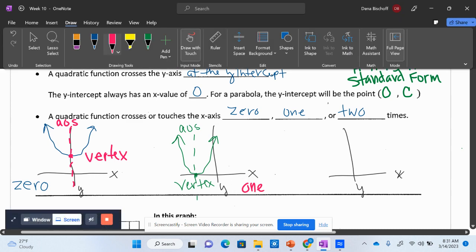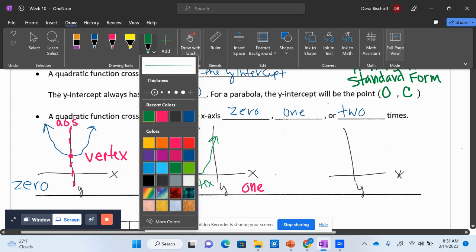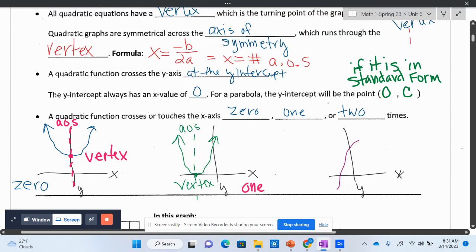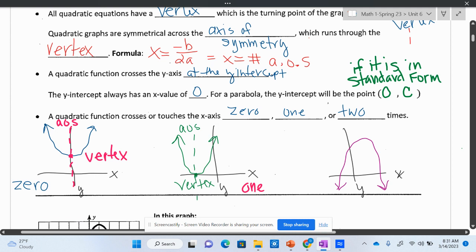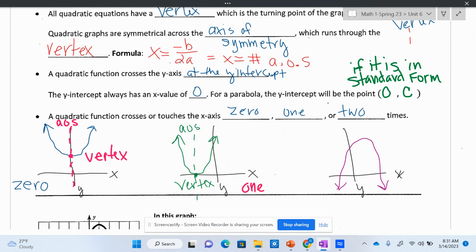So here's an example of when your graph would cross or touch the x-axis 2 times. What about that example? So this is my vertex.